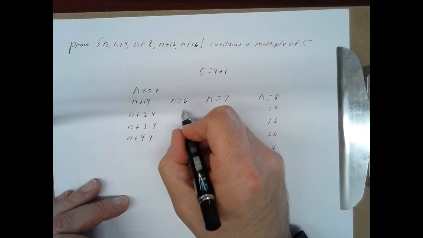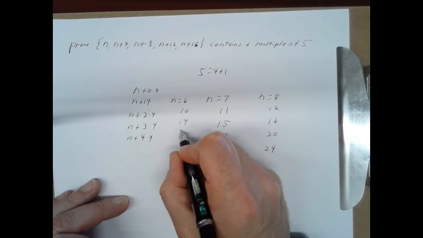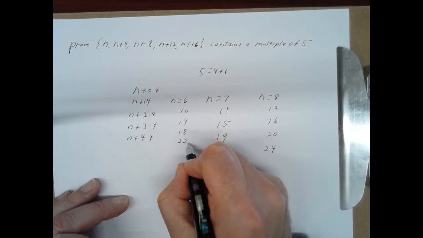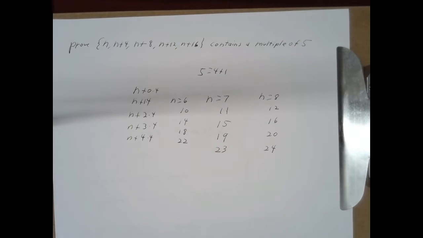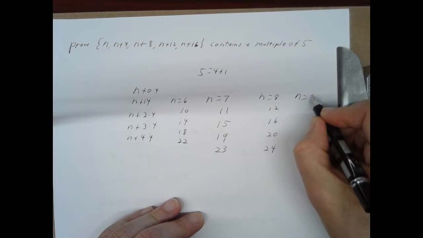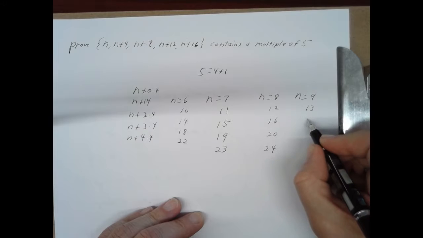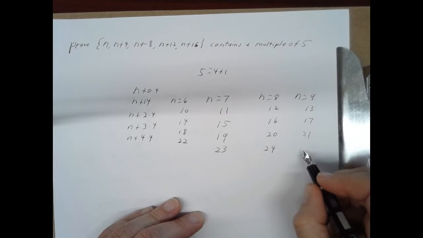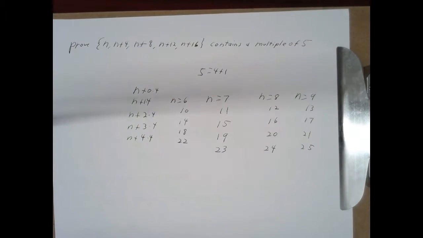If we pick 6, there's a multiple of 5. Same thing with 9. And if we pick n equals 5 or 10, it's certainly going to contain a multiple of 5 because n itself is a multiple of 5.